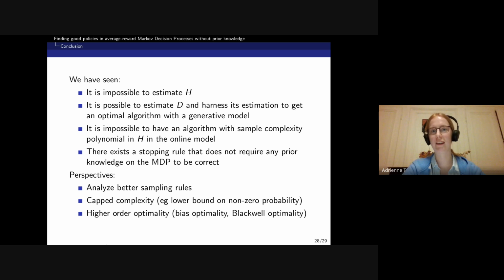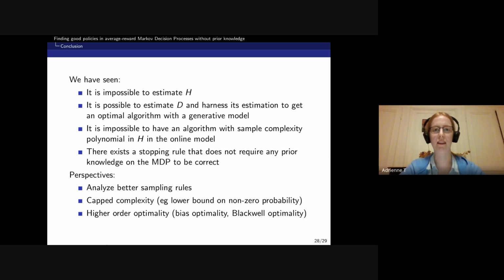That's what we saw in the online setting. There's this MDP with just the state S2 that you're not going to see that often. But maybe we could just say, okay, if a transition probability is not zero, it must be bigger than some predefined quantity. So that's something we could look at. Could we maybe, with that additional knowledge that is maybe more natural than knowing H, could we derive smarter algorithms with that?